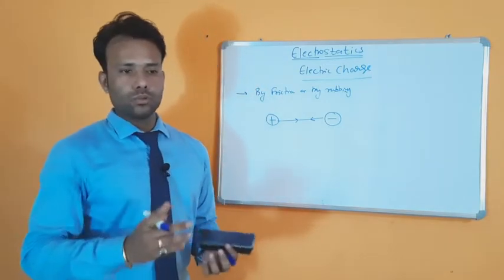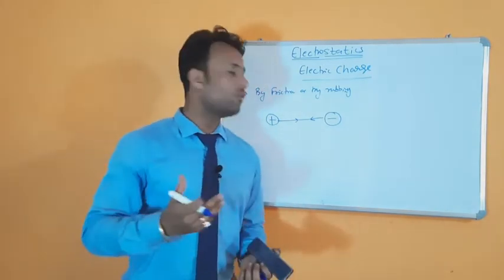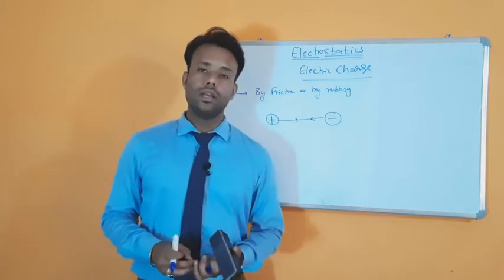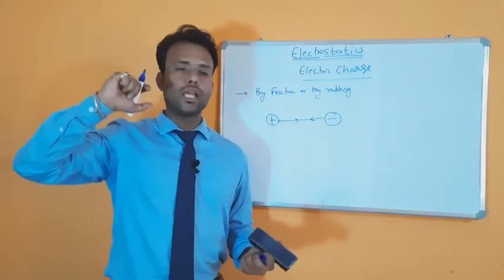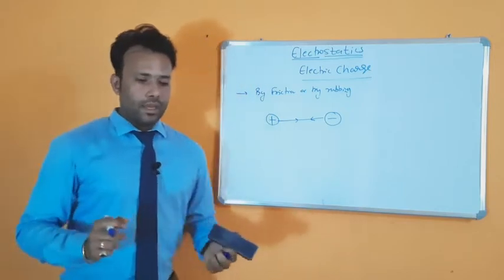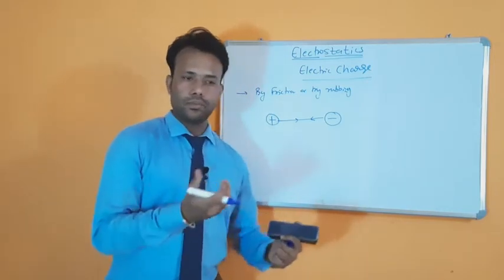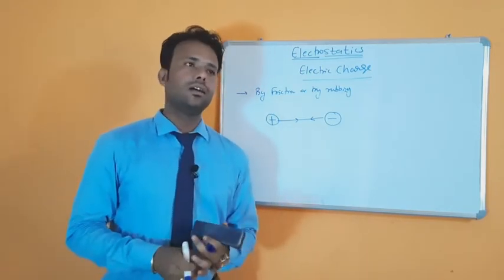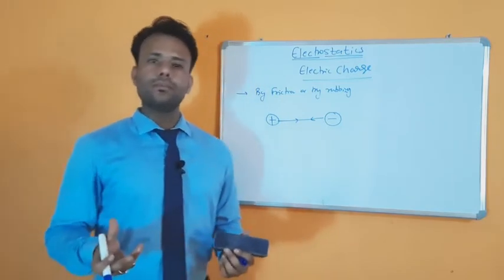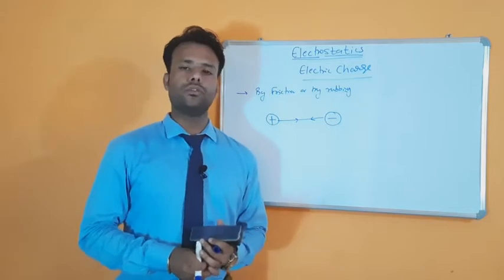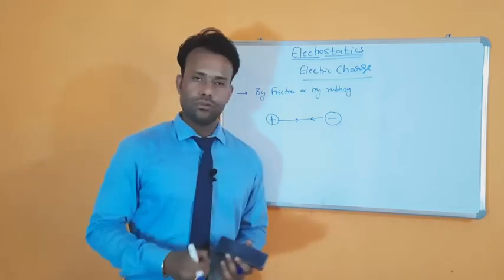Now let's talk about where this positive and negative charge comes from. To know about this, just go through your 7th and 8th class books. In 7th and 8th class books, you have studied that matter is composed of molecules.